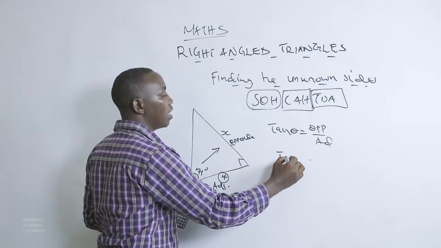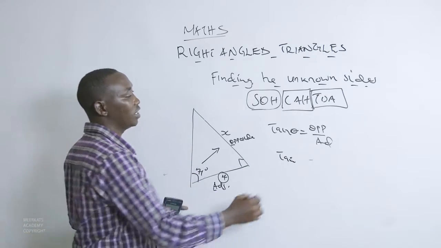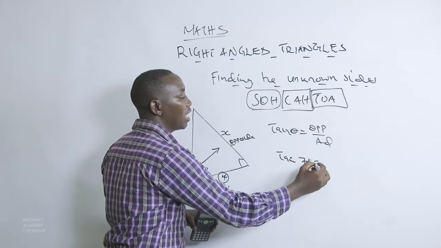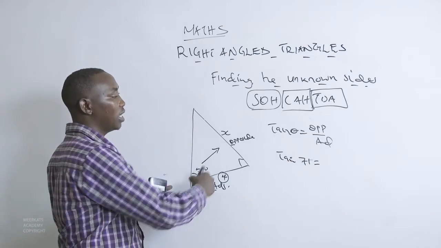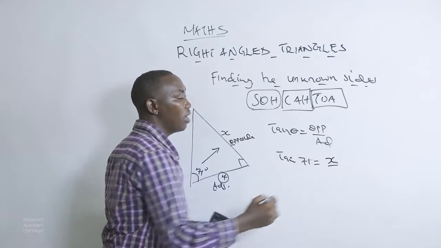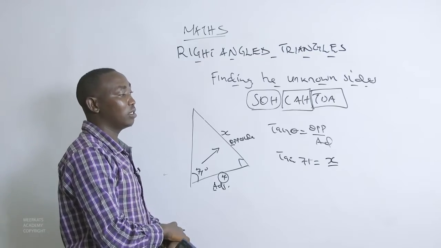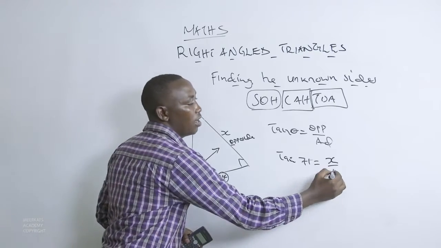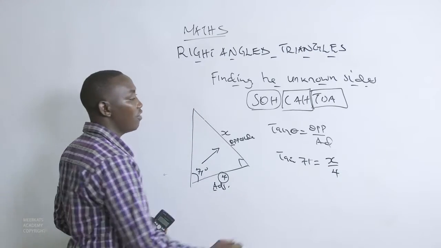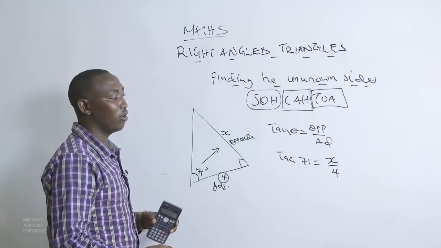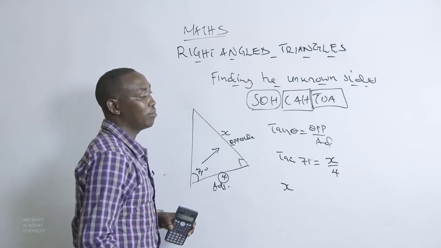Now in this case, our theta is 71 degrees, so tan of 71 degrees is equal to the opposite, which we do not know, which is x, divided by the adjacent side, which is 4 units. Therefore, for us to get the value of x, we'll multiply both sides by 4.